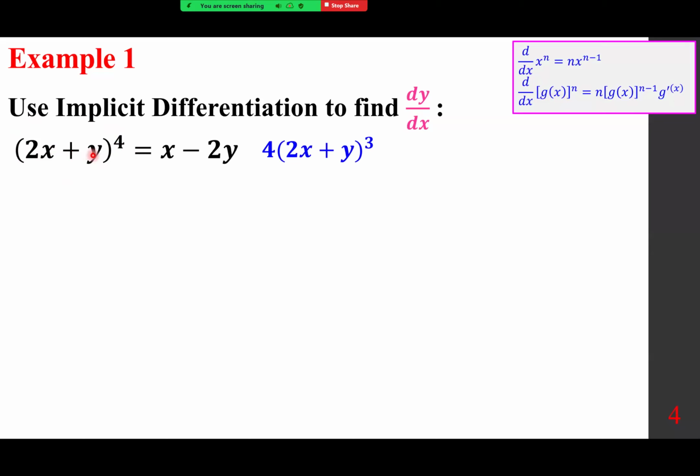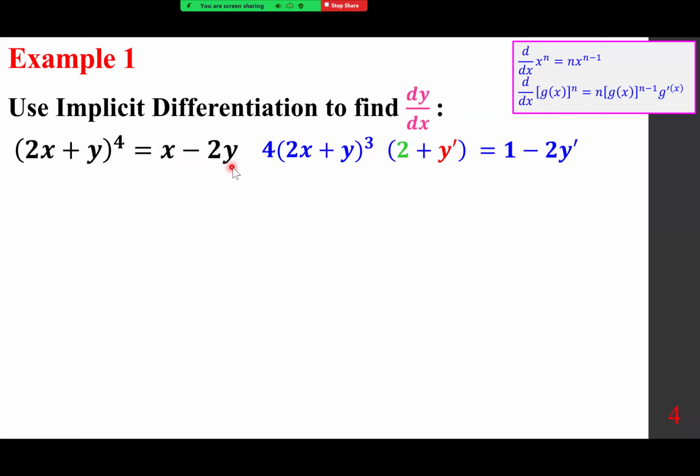Then we need the derivative of the parentheses, which is 2 plus the derivative of y. You can write dy dx or y prime. On the right side, x gives us 1, minus 2y gives us minus 2y prime.